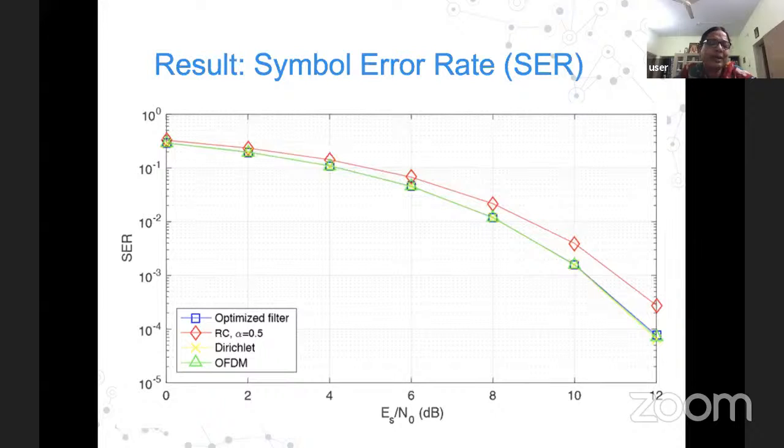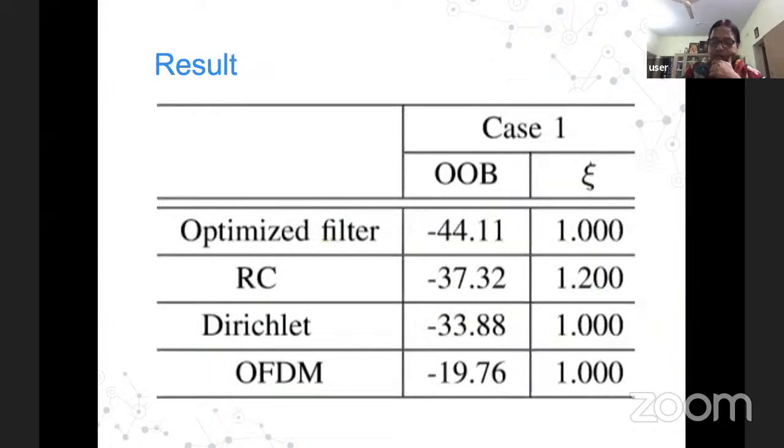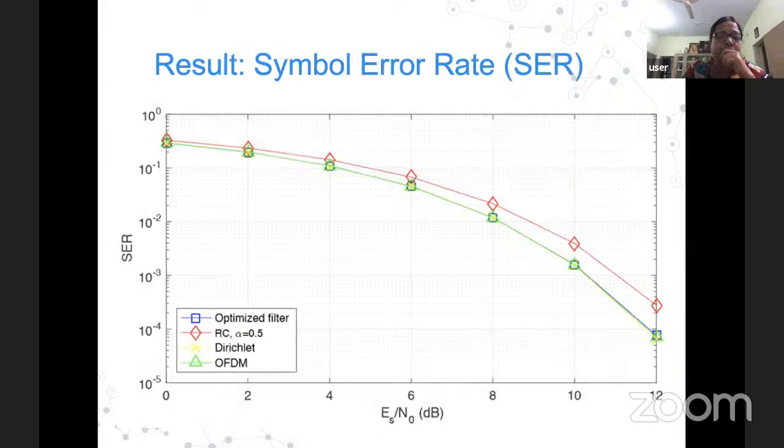Okay, and the symbol error rate using the different schemes for the GFDM is also analyzed. One more thing I forgot to mention here: naturally OFDM gives a better performance than GFDM.